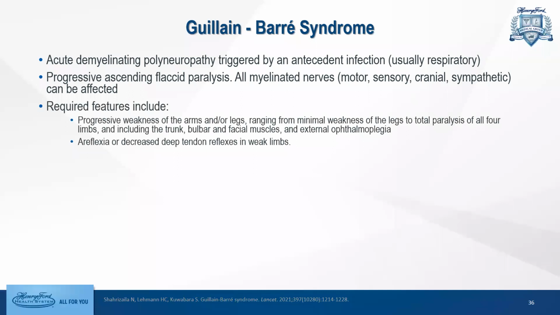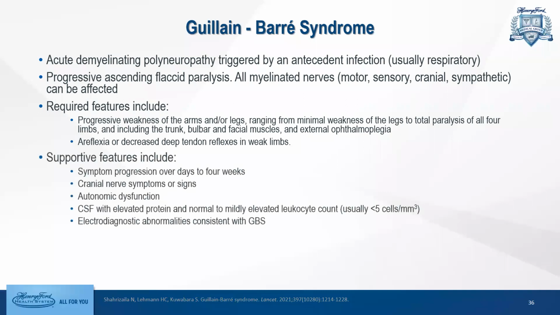You're going to have progressive weakness of the arms and legs, minimal weakness to all four limbs, paralysis, including trunk, bulbar, facial muscles, and external ocular muscles. You're going to have areflexia, decreased deep tendon reflexes and weak limbs. Those are required features. There are a lot of supportive features.